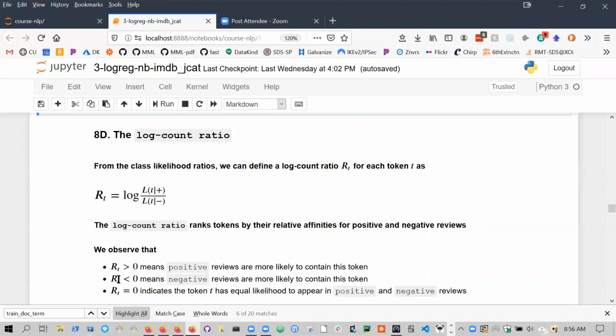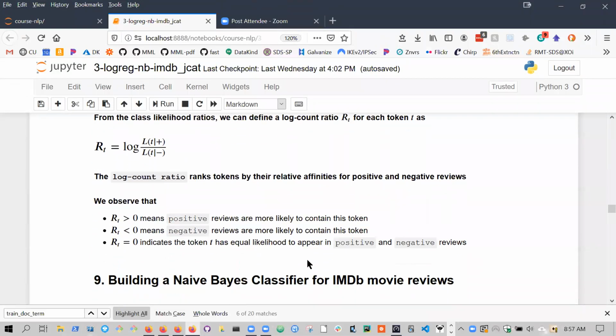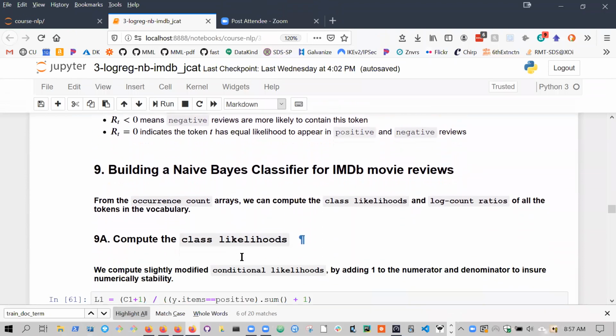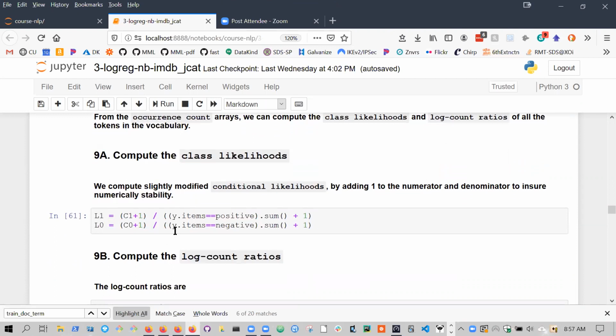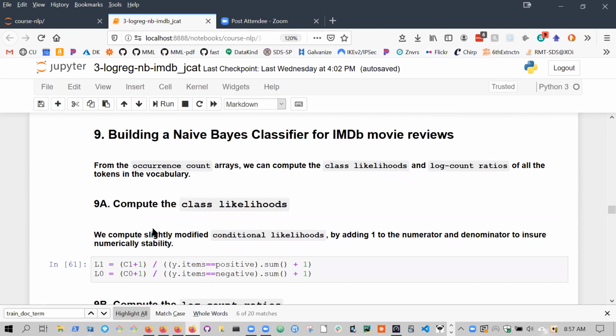And so any term that has an R less than 0 means that negative reviews are more likely to contain this token. So this R is a nice measure of the sentiment contained in a word, whether it's a positive sentiment or a negative sentiment. And it's going to be useful for us, as we'll see later on. Okay, so the next step is to actually build the naive Bayes classifier.